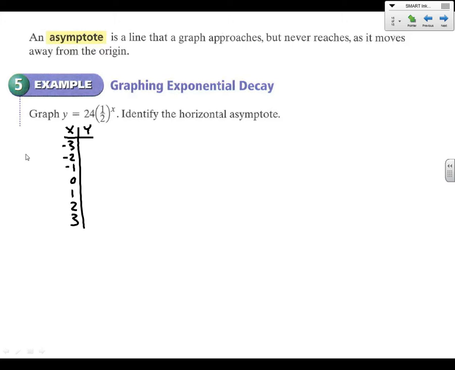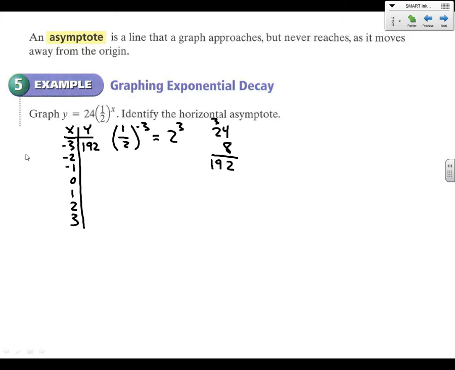And then we'll end up with 1/2 to the -3 is actually 2 cubed, so that's 8. And then 8 times 24, what do we have here? 4 times 8 is 32, 2 times 8 is 16, so 192.